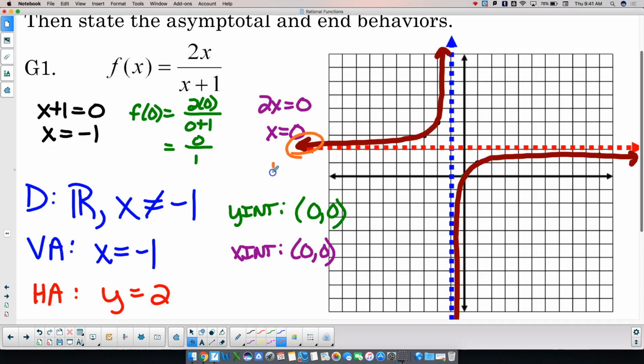So that's saying as x is going to negative infinity, my function is going to 2 from above. This one over here is my end behavior for the right side. This is saying as x is going to positive infinity, my function is going to 2 from below.